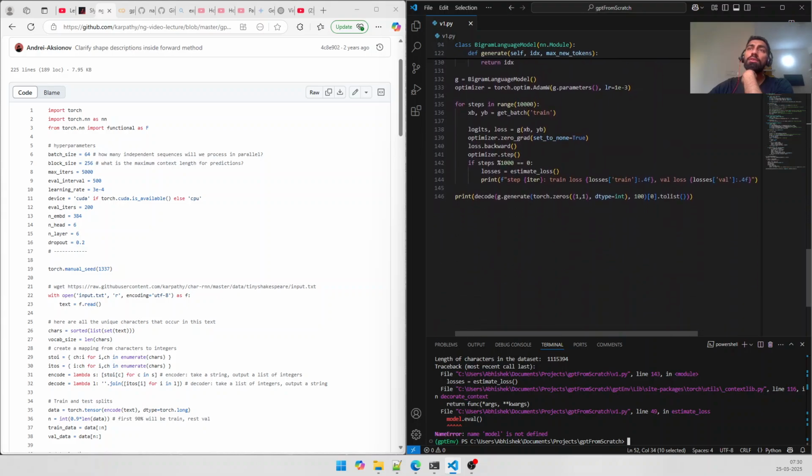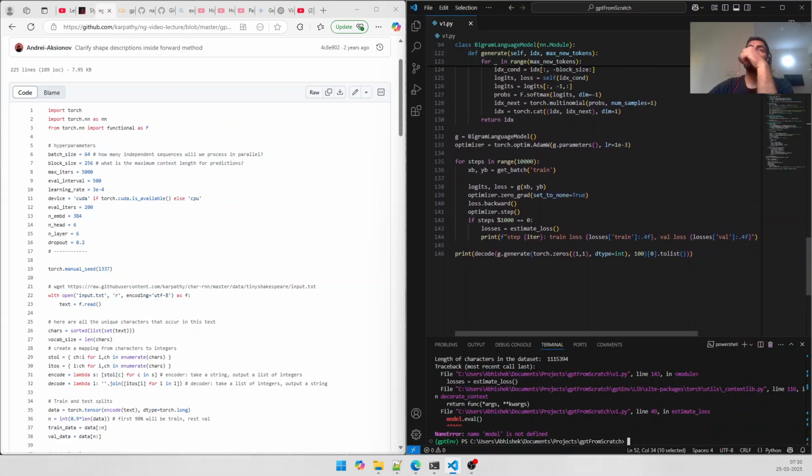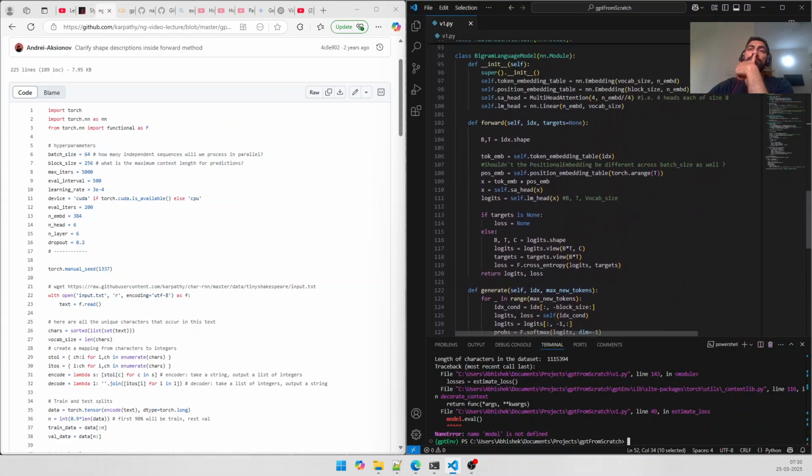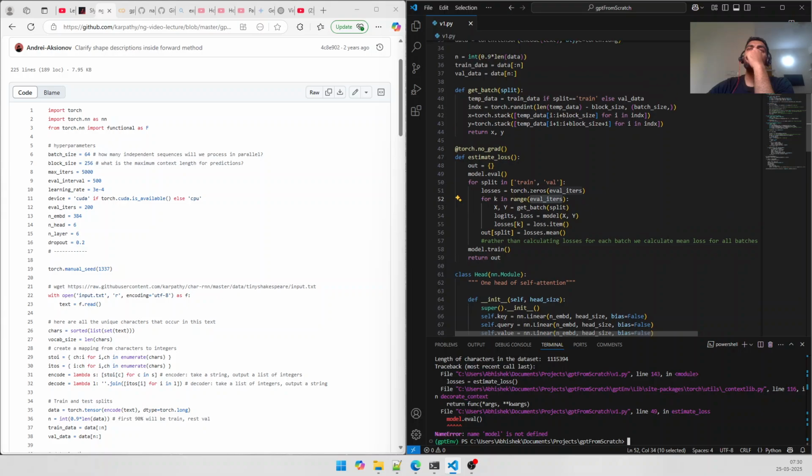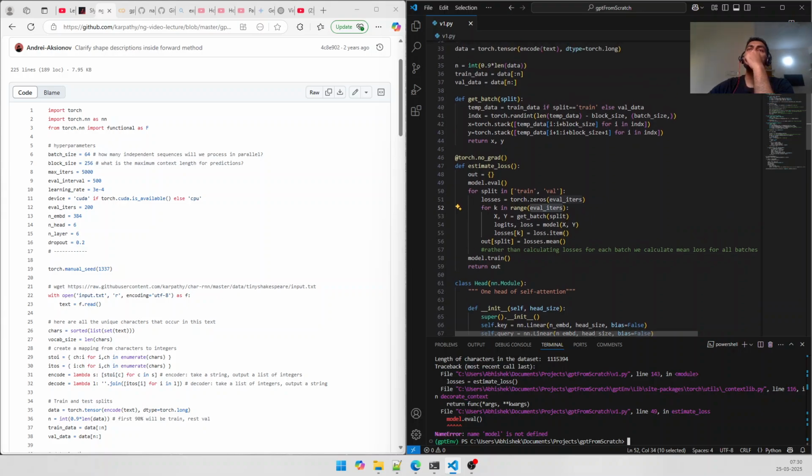How come it is evaluating? So G is the model. Sorry for naming it that way.